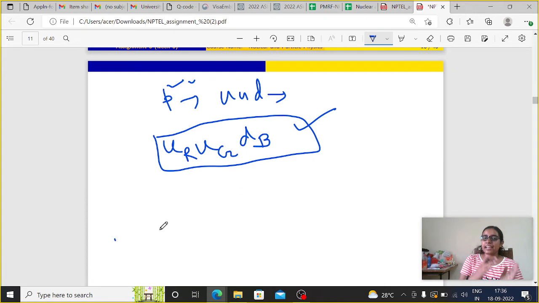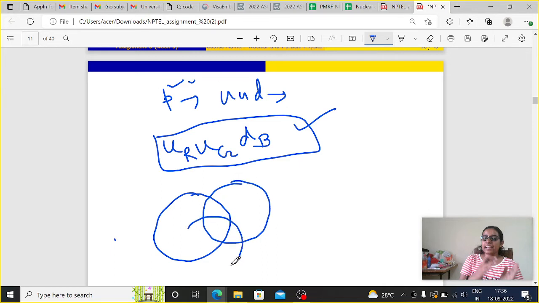Now I am writing one graph here. I think you all have seen this type of graph. Yes, the Venn diagram. So with RGB, if I write this region, you can see that it is the intersection of all three portions.